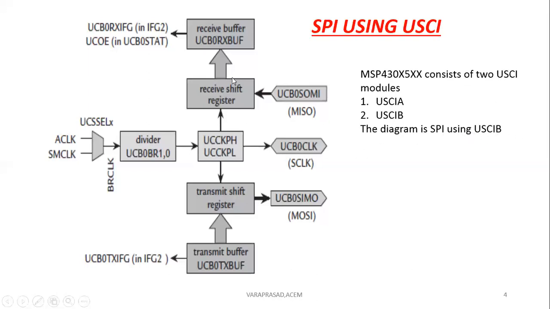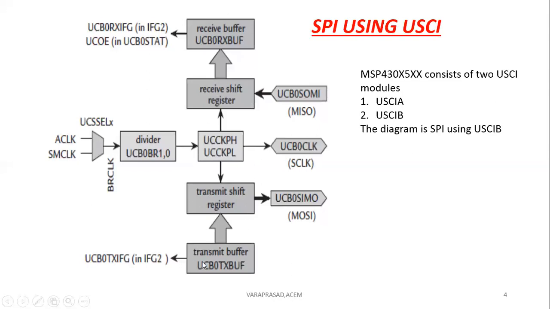Okay, so let's come to here. This consists of only two clocks. Previously you had more clocks, but here only two clocks are available, and two separate shift registers and two separate buffers are available.